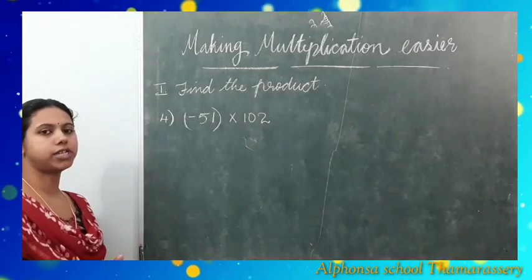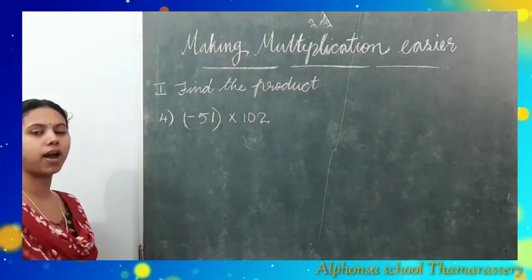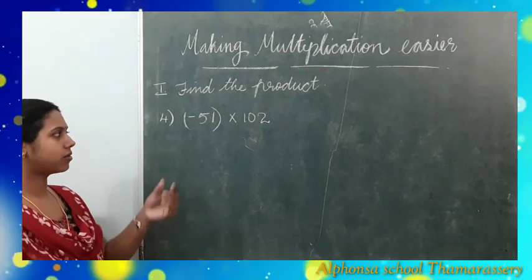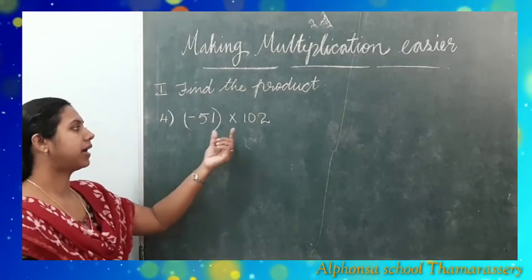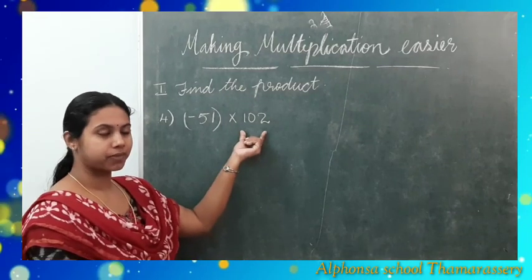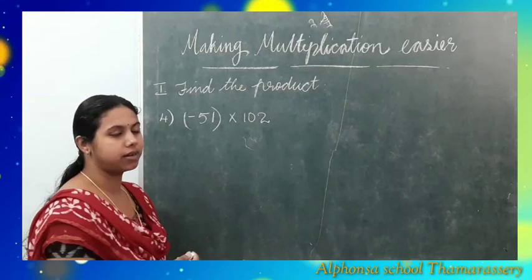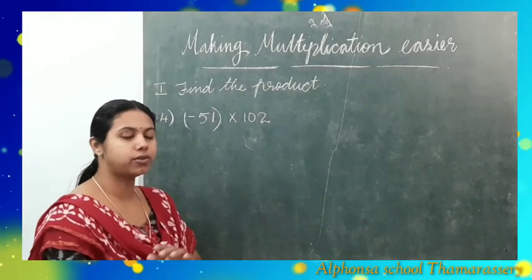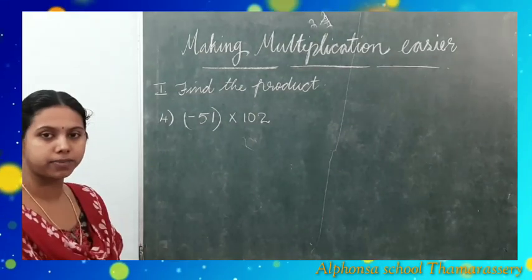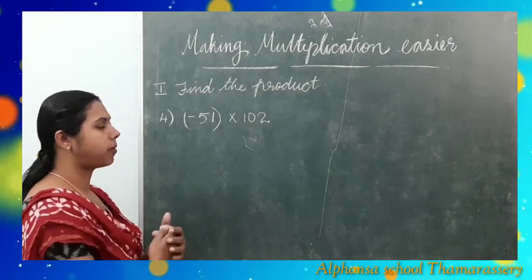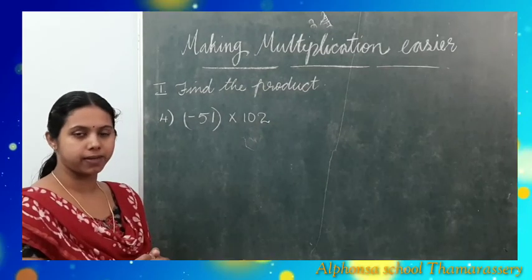The next question is minus 51 into 102. So, a two-digit number and a three-digit number is there. So, we would be multiplying 102 into 51 in the working column. Instead of that, using the property very easily we can multiply.